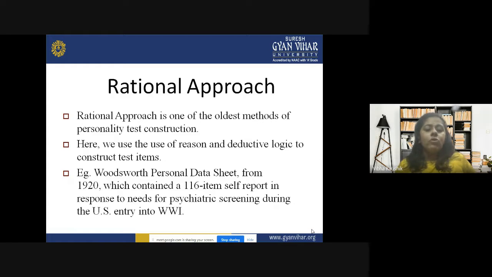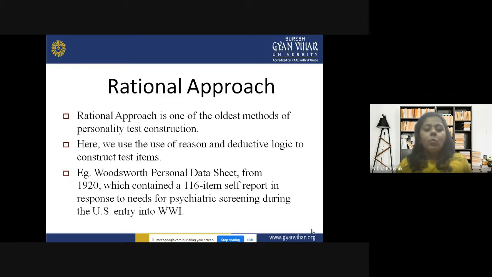Now, rational approach. The rational approach is one of the oldest methods of personality test construction. Means this is the oldest method of personality test construction. Here, we use reason and deductive logic to construct test items. Means for the construction of the personality test on the basis of the rational approach, the constructor has to use reason and deductive logic to develop test items.